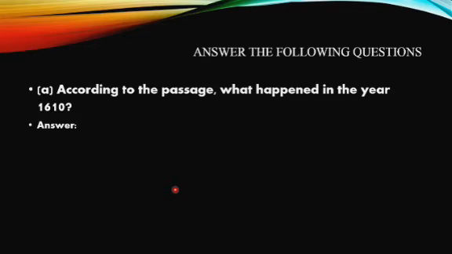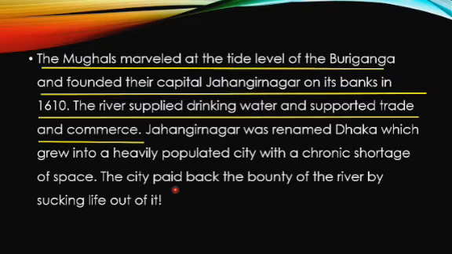The first question says, according to the passage, what happened in the year 1610? I think you can remember that in 1610, Jahangirnagar was established. Here you can see in the lines that I have underlined, they give the information that Mughals marveled at the tide level of Buriganga and founded their capital Jahangirnagar on its bank in 1610.